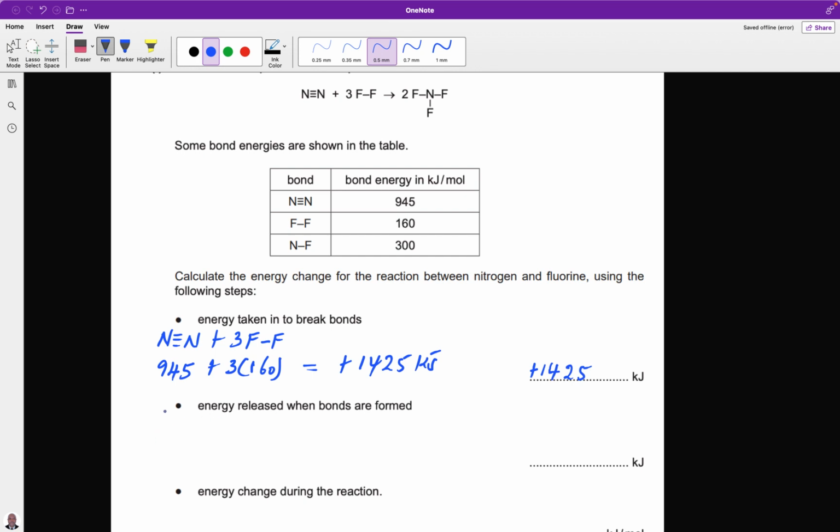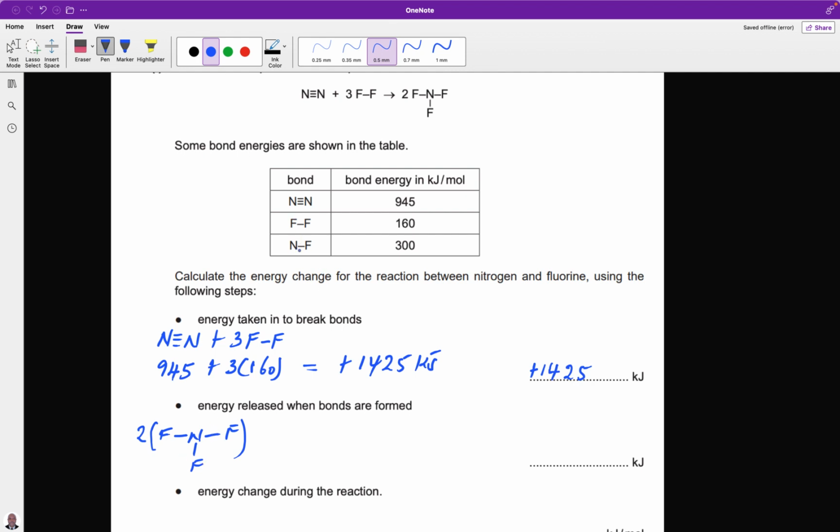Let's get there. Looking at the products there, we will have 2 into N, F, F, F. How many nitrogen fluorine bonds are here? 1, 2, 3.